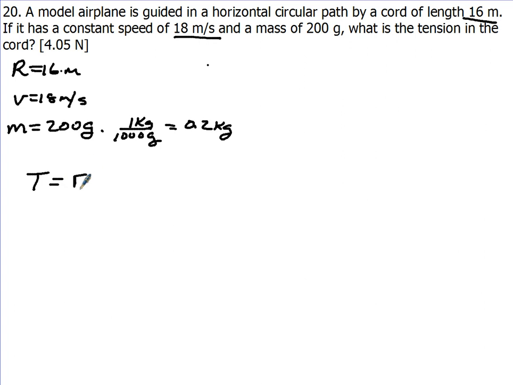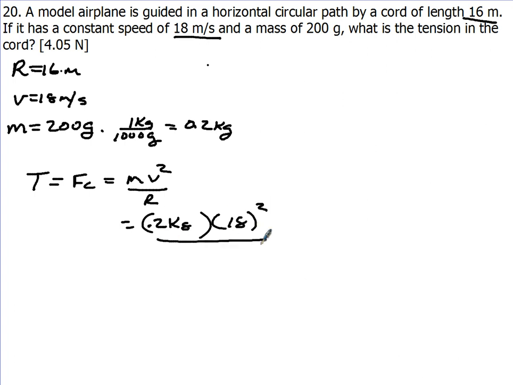The tension has to equal Fc, which is mv squared divided by r. So the mass is 0.2 kilograms. The speed is 18 squared divided by 16 meters. Go on and square the 18 first, and that gives you 324. So this is 0.2 times 324 divided by 16.